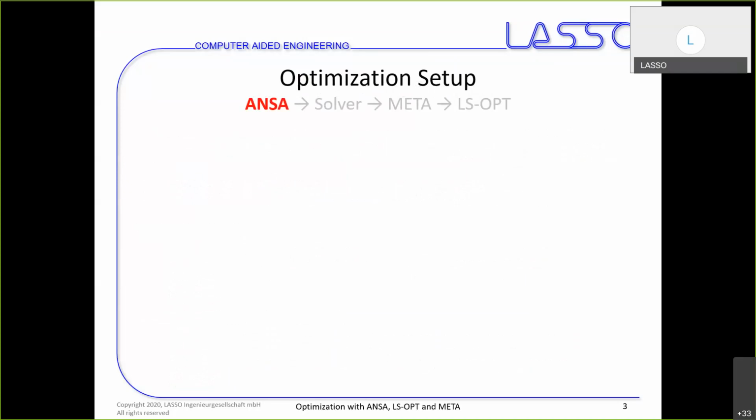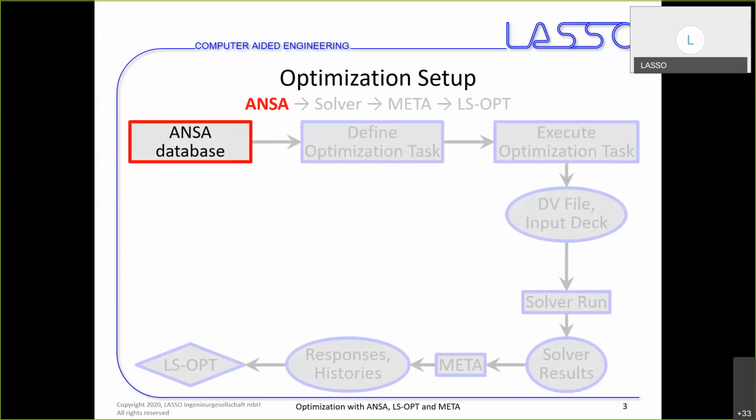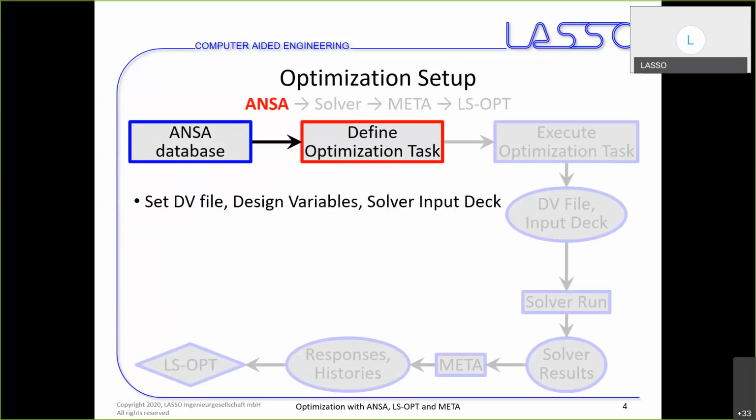First, we want to have a look at this whole setup phase diagram, what we do in which sequence. Well, we always start with Unser and with an Unser database of our model that we want to optimize. Actually, the part we treat in Unser must not necessarily be the whole FE model which is to be solved.